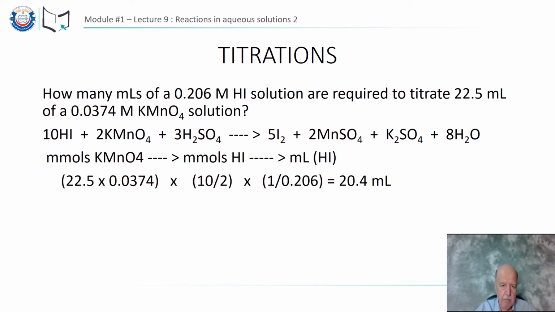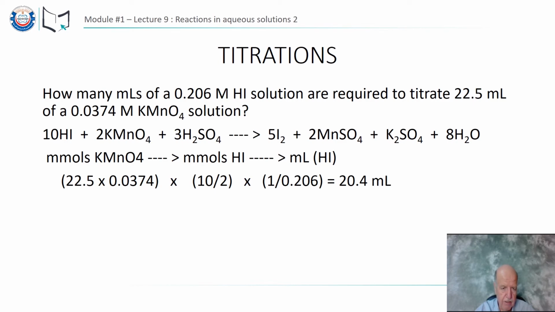He's asking me about HI. He is giving me the volume of KMnO4 and the molarity of KMnO4. So I calculate the millimoles of KMnO4. I need the millimoles of HI. I go to the balanced chemical equation, which is 10 over 2.